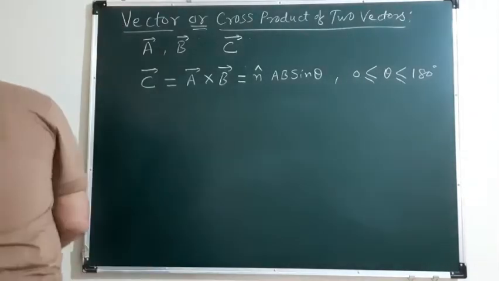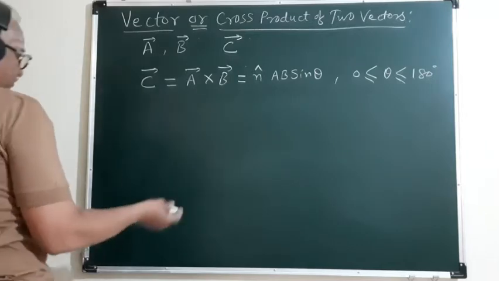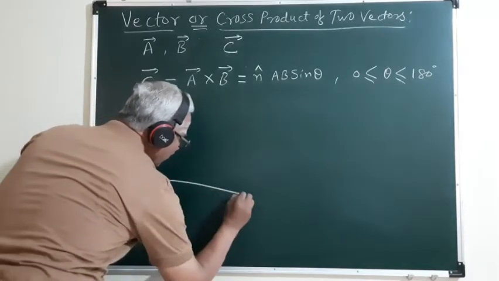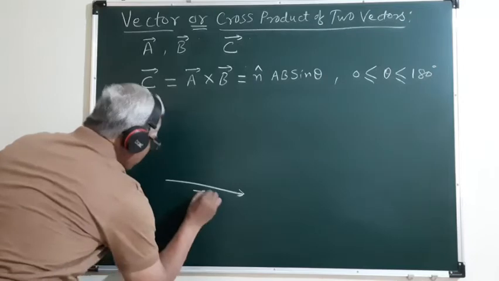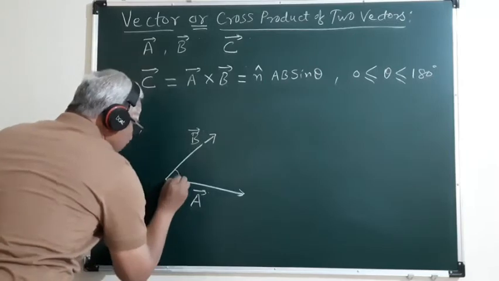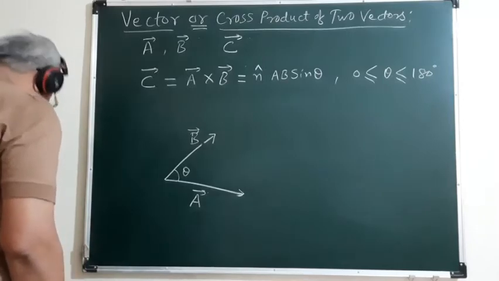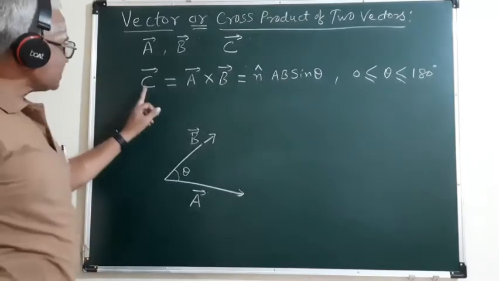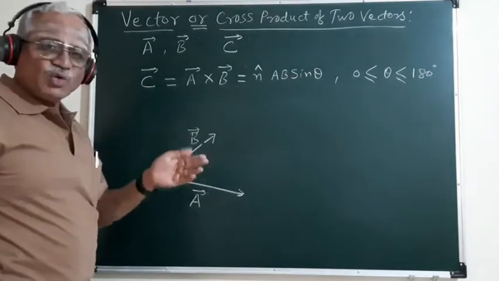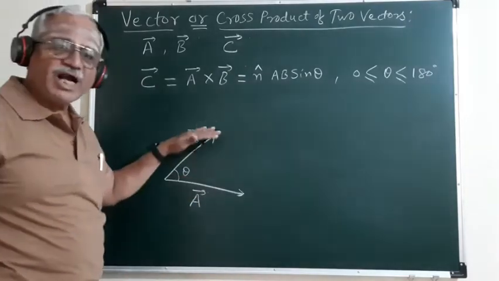Now, this cross product of two vectors can be represented pictorially like this. Suppose we have this vector A bar and this vector B bar, and theta is the smaller angle between them. Then the vector C bar representing the cross product of A bar and B bar is directed perpendicular to the plane of A bar and B bar.